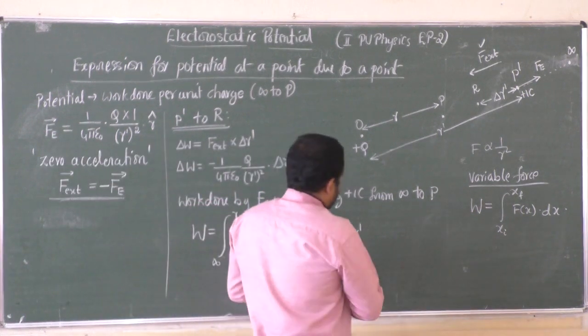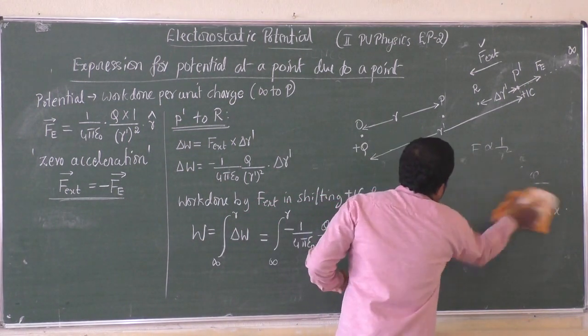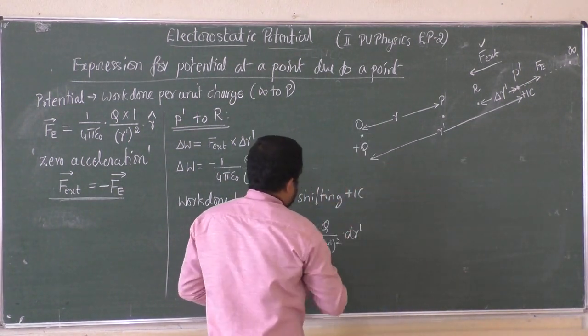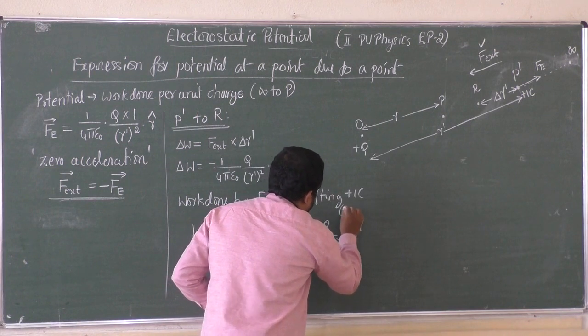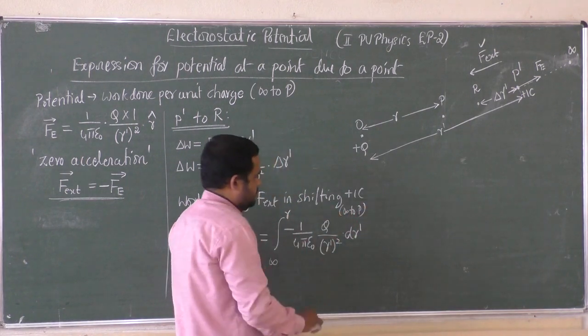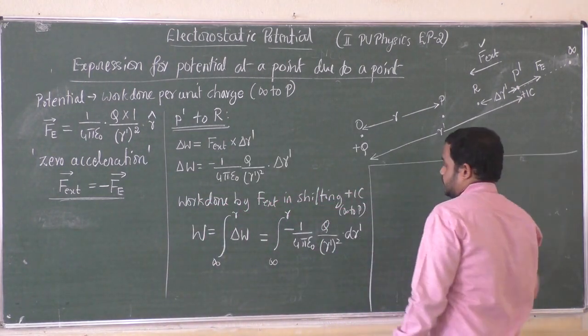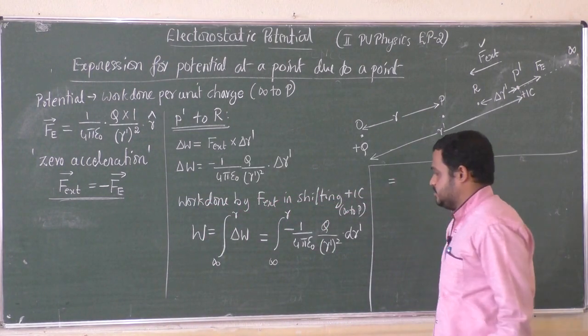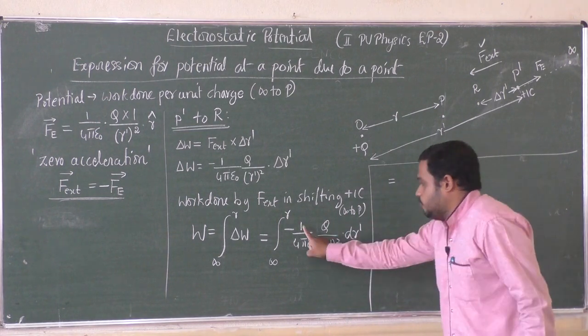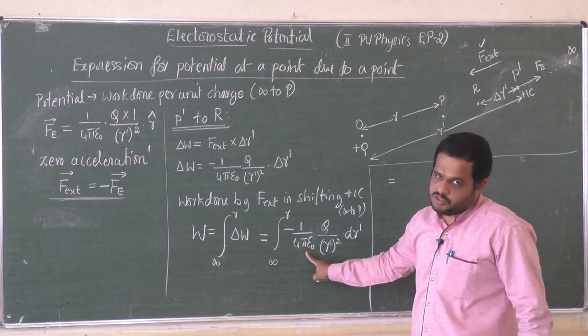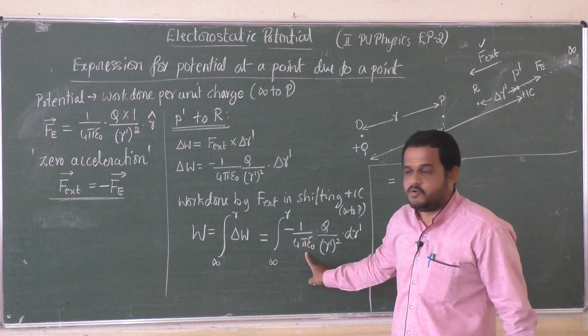That is the work done in shifting a unit positive charge from infinity to P. Now 1 by 4 pi epsilon naught is a constant, we know the value 9 into 10 power 9.